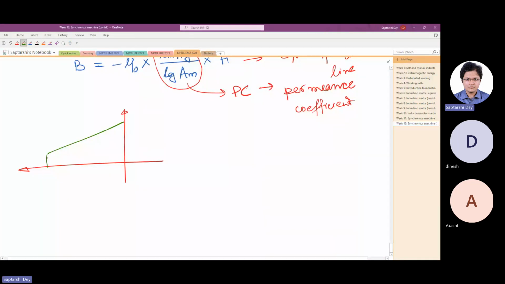Is it short circuited? It is not short circuited because there is air gap. So it is operating somewhere here when the machine is just kept on the table. So as soon as you remove the keeper from the permanent magnet, your magnetic field has already dropped to here.